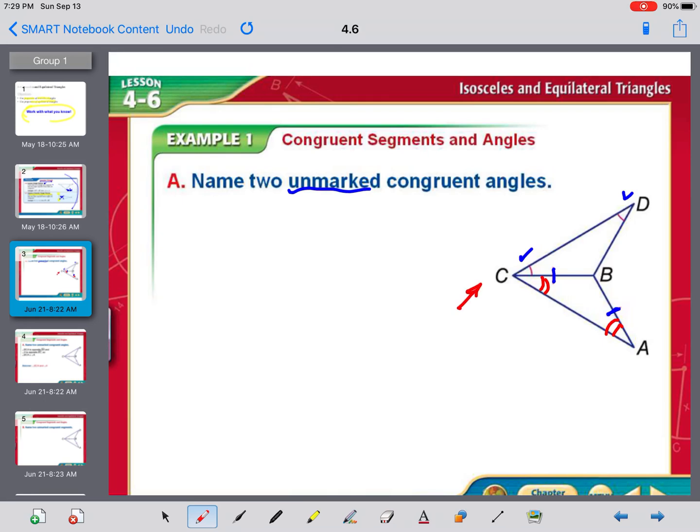That would be this one and this one, because they're opposite the two sides. You can't really call that angle C. I wouldn't suggest you do that. You could call this angle A. The reason I would not call this angle C is because are you talking about this angle or the whole thing?